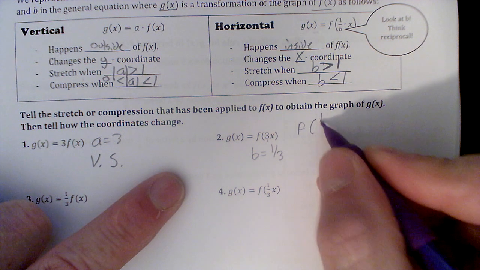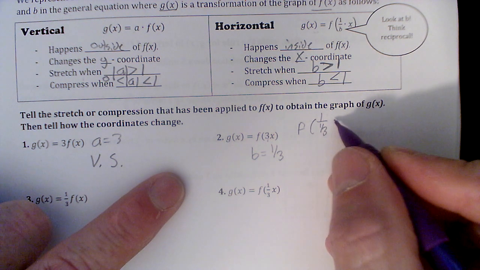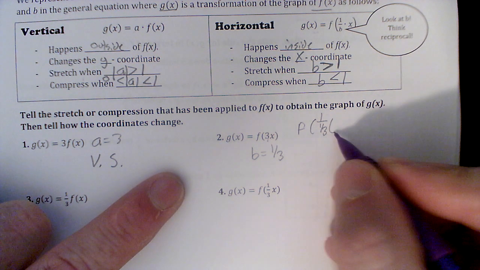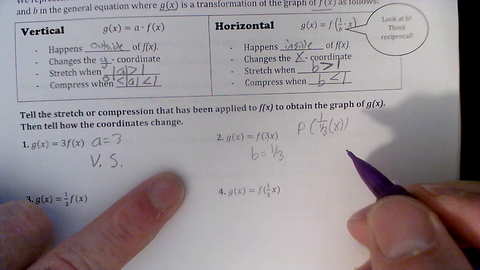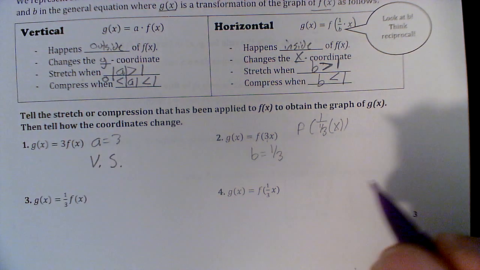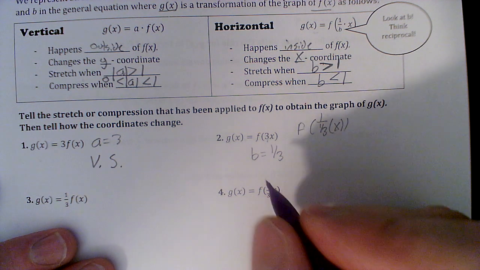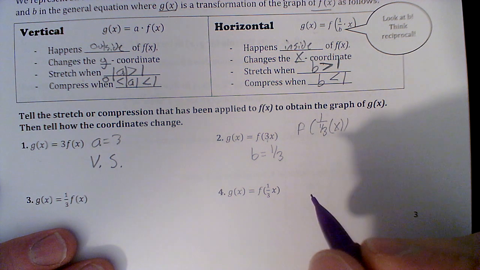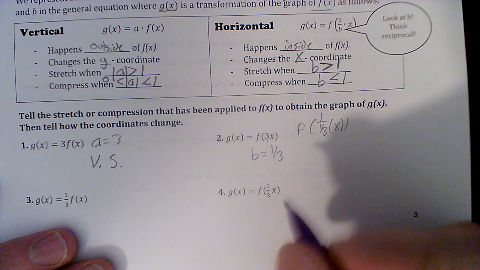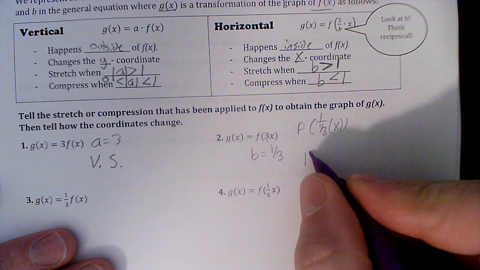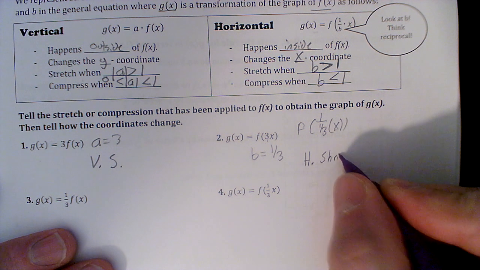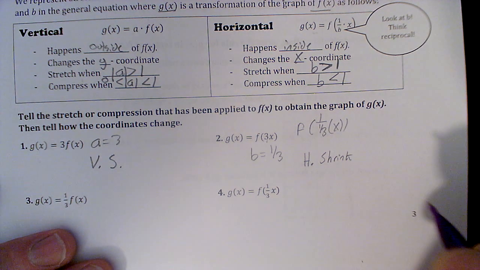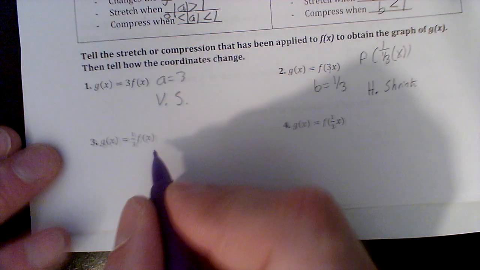I had to plug in f of 1 over 1/3, and that's what gives me my 3, because the b goes on the bottom when you plug it in. So when I plug in 1/3, it is going to give me a horizontal shrink. Or compression would be a good way to write that.